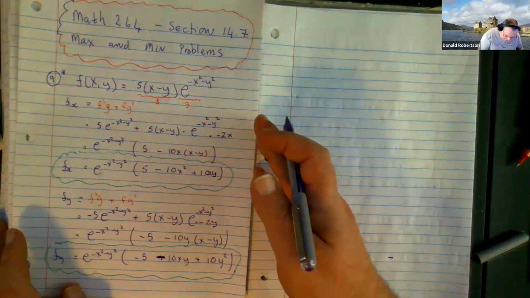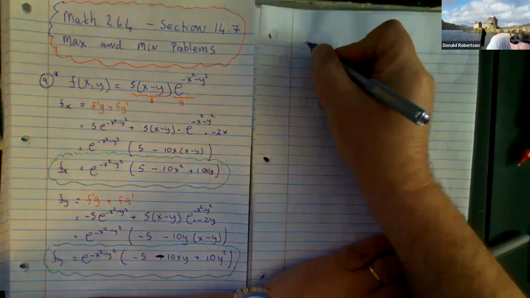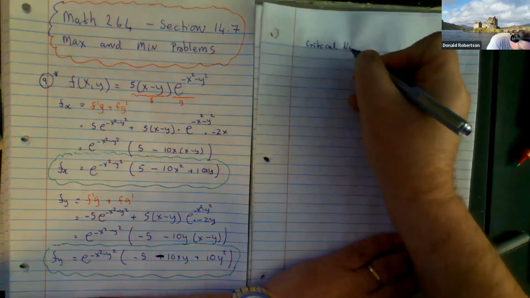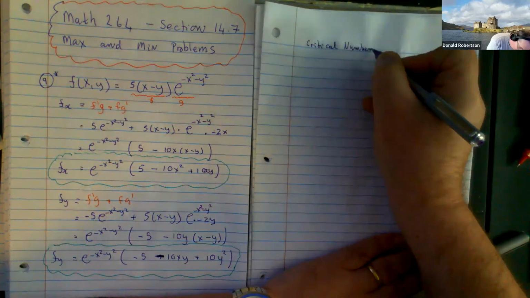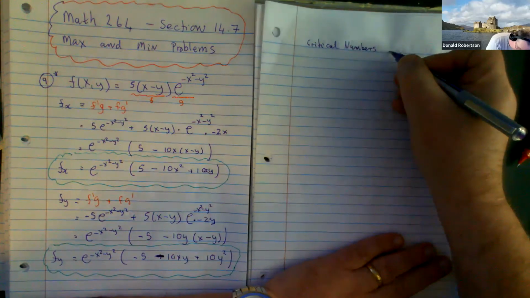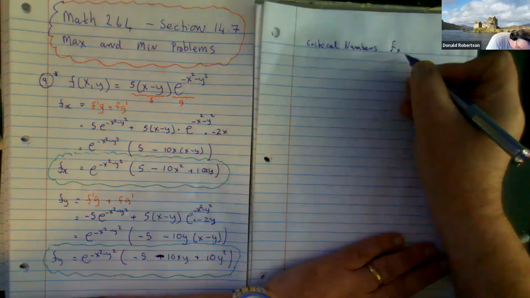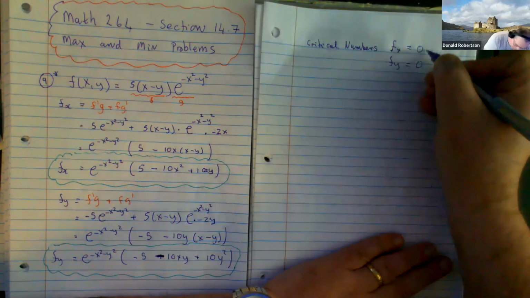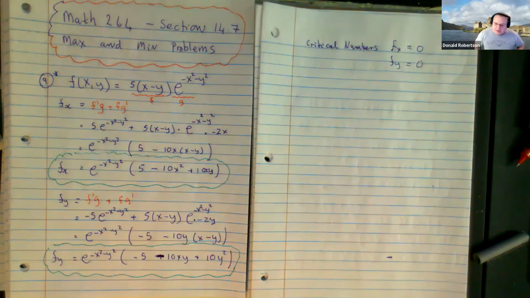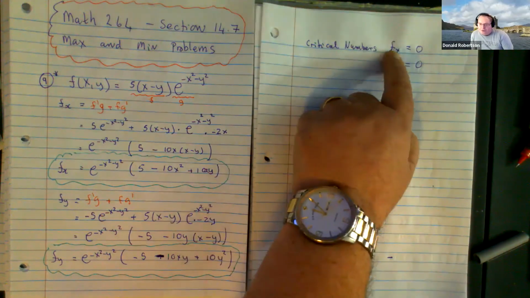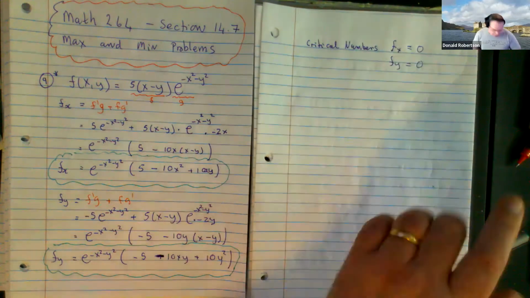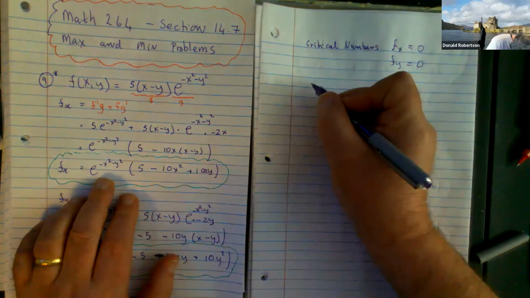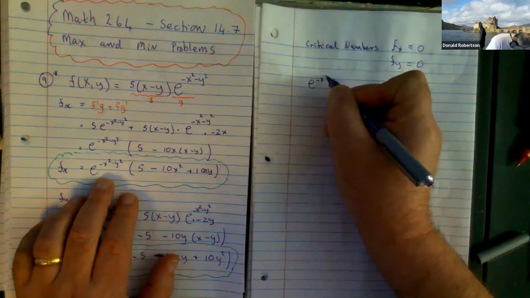And we are going to find critical numbers. Critical numbers are values, coordinates x, y, where that guy is 0 and where that guy is 0, and both have to be true at the same time. It's no good you tell me a point where this is 0 but that's 20. They both have to be 0. Now, if I look at my two equations, the first one is basically this guy.